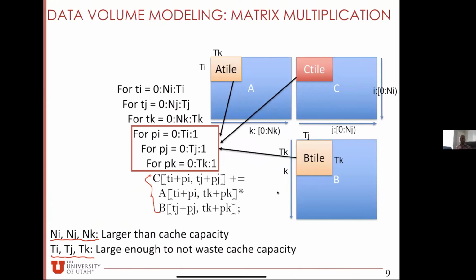The A tile will be of size Ti times Tk, the B tile will be Tk times Tj, and the C tile will be Ti times Tj. So to start with, the data volume just for executing one tile, assuming everything starts off in memory, will simply be the sum of the footprints of the tiles. So there will be Ti Tj plus Ti Tk plus Tj Tk.